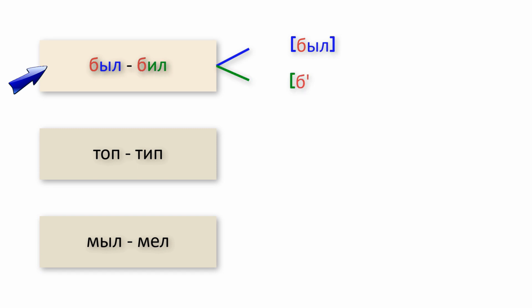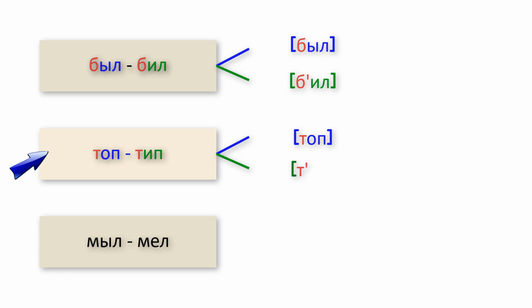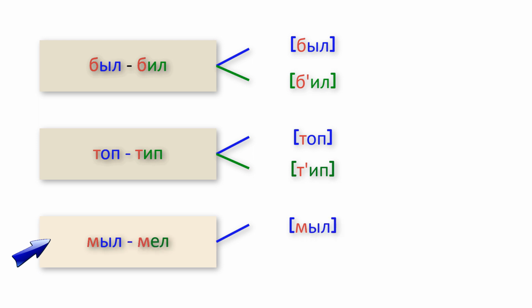Бил, б, и, л. Топ, т, о, п. Тип, т, и, п. Мыл, м, и, л. Мел, м, э, л. These are the examples of hard and soft consonant sounds.